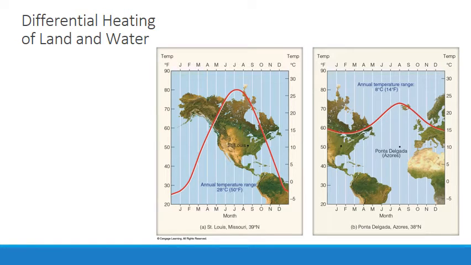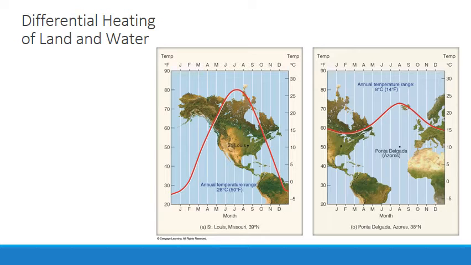When we look at St. Louis compared to Ponta Delgada in the Azores, we can see that in the middle of a great big continent, St. Louis gets very hot in the summer and very cold in the winter months.